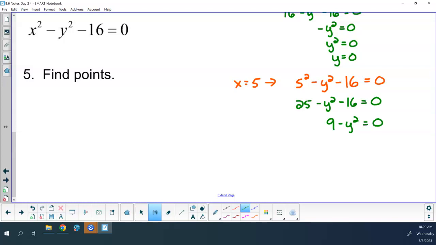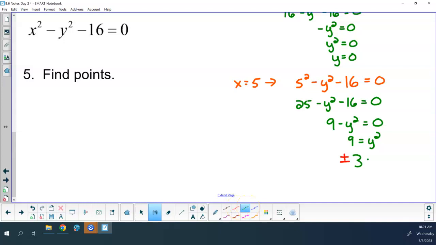Could add y squared to both sides. And how would I go about solving that? Square root. What do I get for answer? I get plus or minus 3 there.